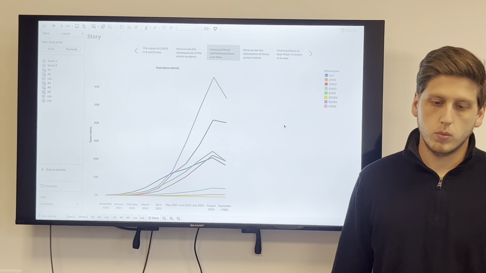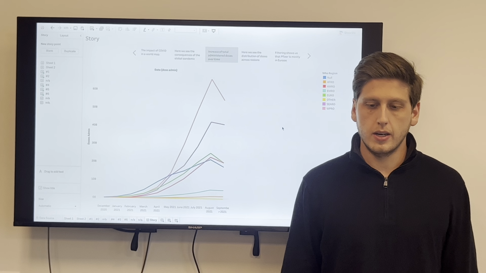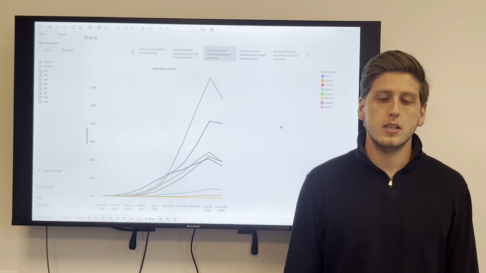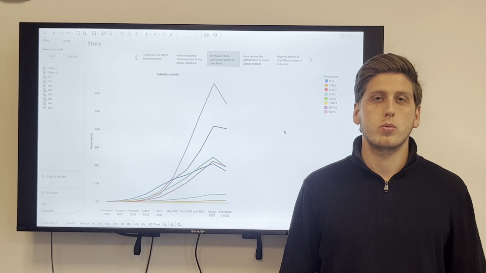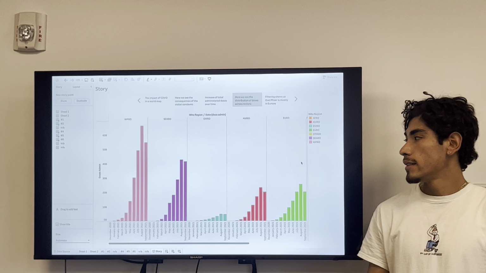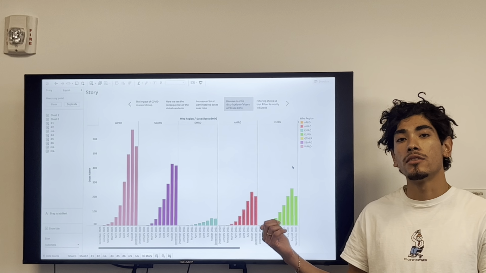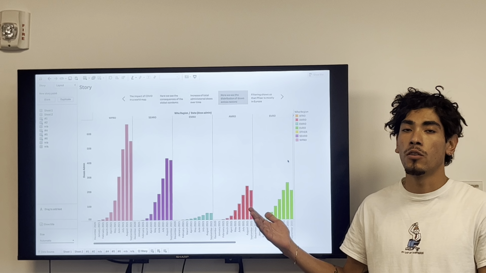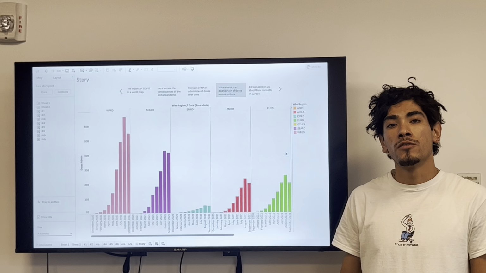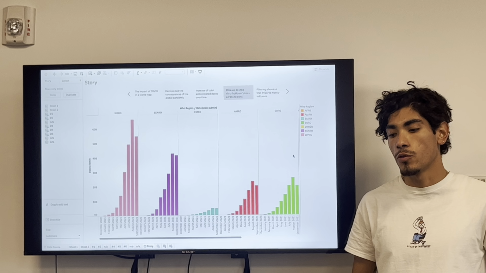And in the next slide, we'll delve into how vaccine distribution evolved over time, highlighting the differences and challenges faced by each region. In this analysis, we can see a graph that tracks the COVID vaccine doses that were distributed across the different global regions from 2020 to 2021.